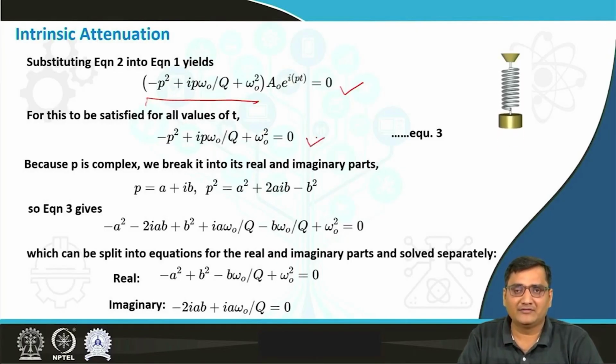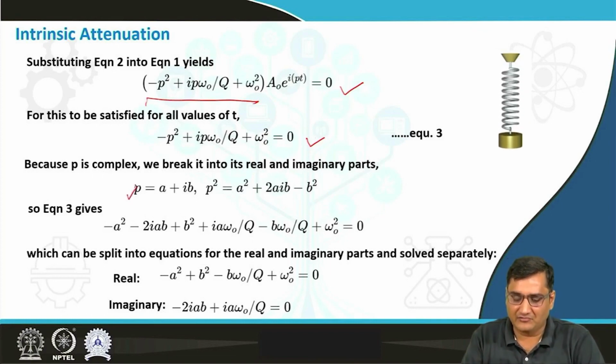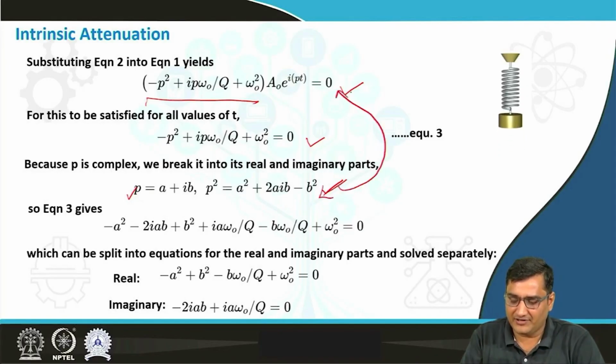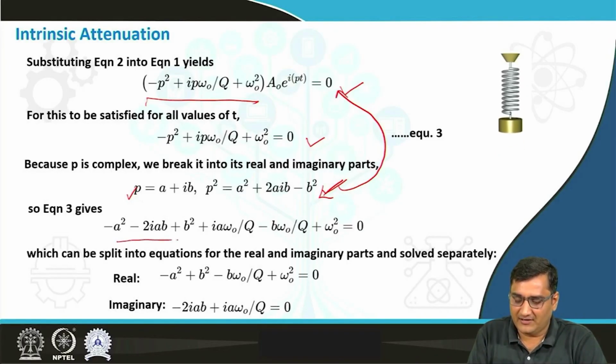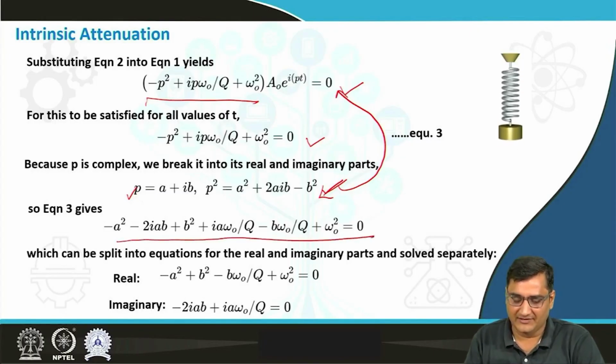If we consider p to be complex, then we can break it into its real and imaginary parts. So let's suppose p is equal to a plus iota b, and if we square it, it will become something like this. When we incorporate this into this particular equation here, it may give an equation something like this.